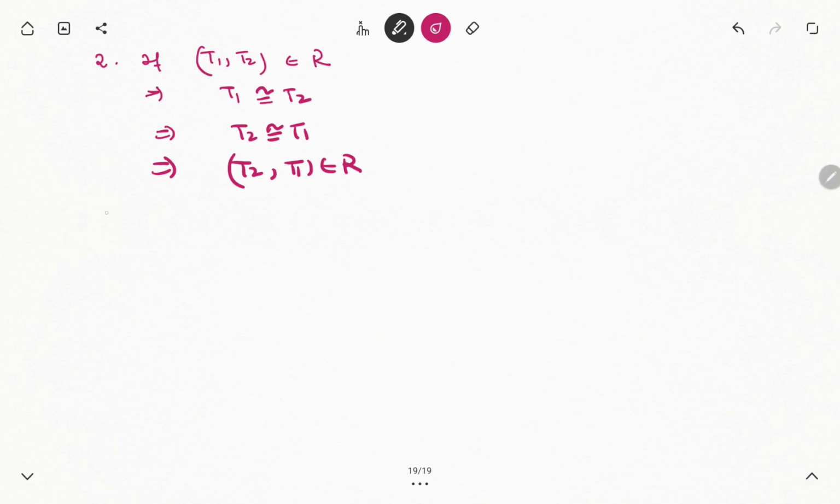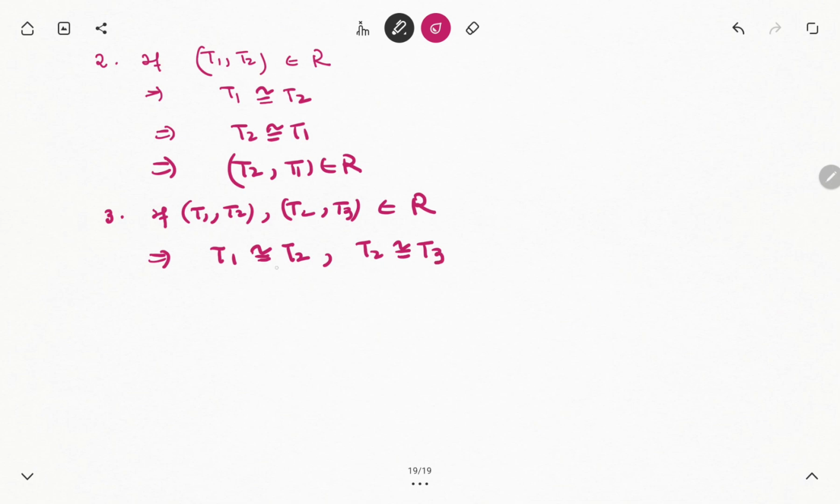Done. Third, we have to check whether it is transitive or not. So if (T1, T2) and (T2, T3), we are taking these two pairs, belong to R. This implies, by the definition of the relation given here, T1 is congruent to T2 and T2 is congruent to T3.